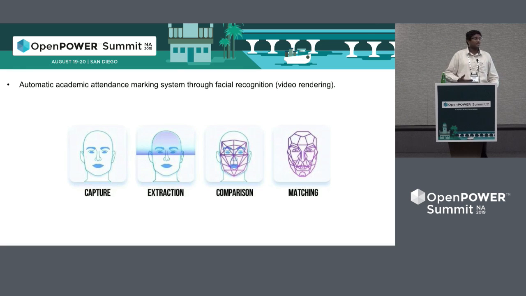Some colleges have biometrics, but not all colleges have a biometric attendance system. But all colleges do have CCTV, closed circuit television cameras, for security purposes. So our PowerAI Vision could enable the CCTV cameras in each and every classroom to identify each and every student.